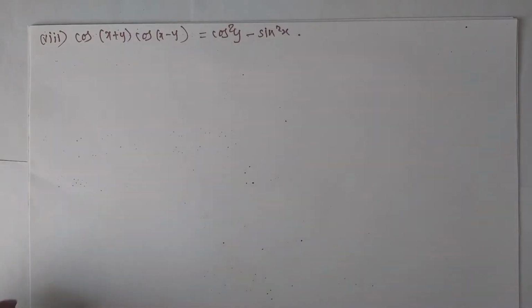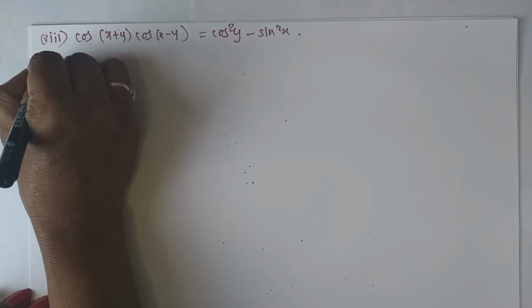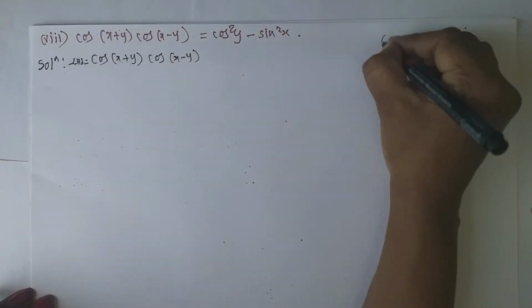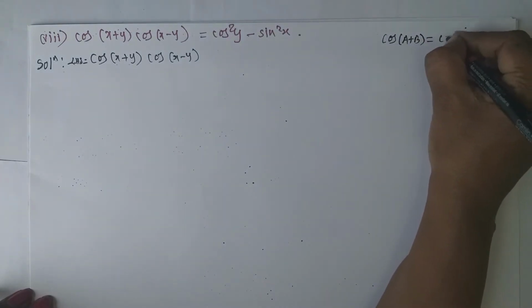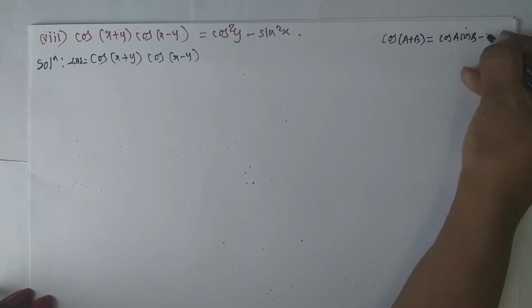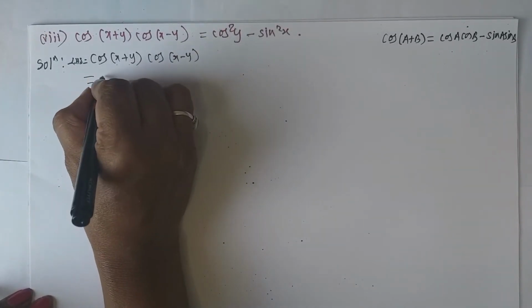Okay. What is the next problem? The eighth problem is cos(x plus y) into cos(x minus y) is equal to cos square y minus sin square y. You again write down in the solution the left hand side. Here we have to use the formula of cos(a plus b) and cos(a minus b). The formula for cos(a plus b) is cos a cos b minus sin a sin b.